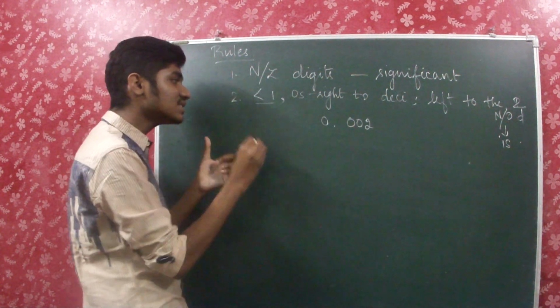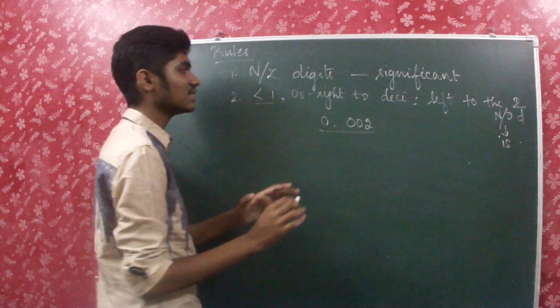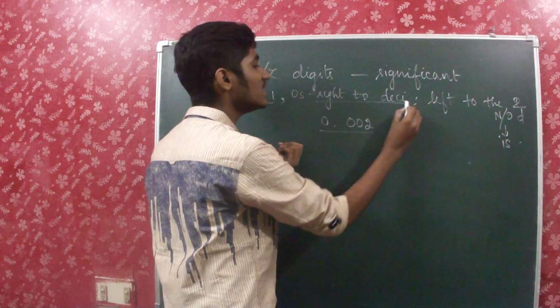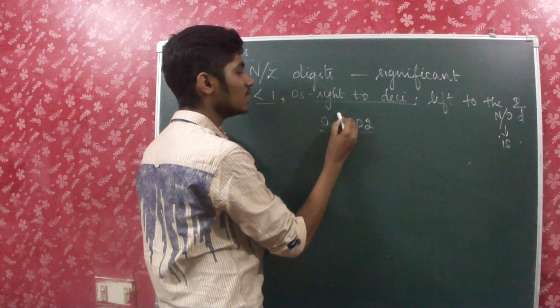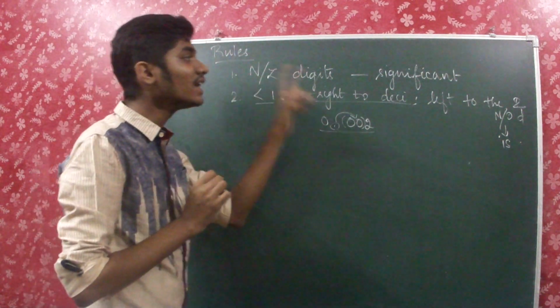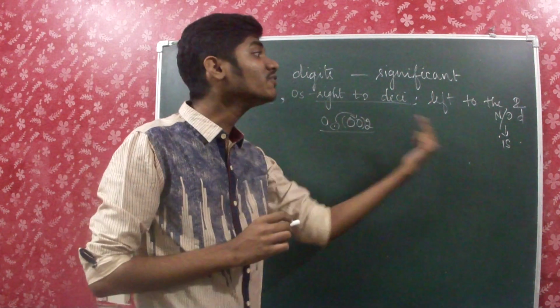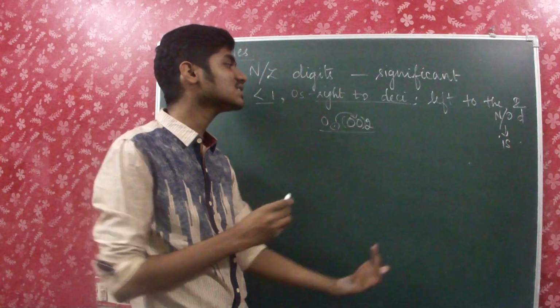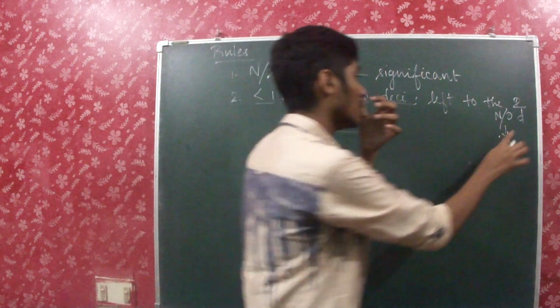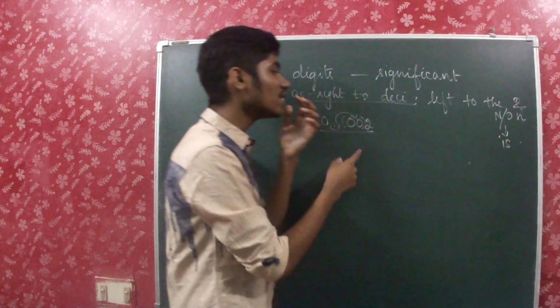So this number is obviously less than 1. The zeros which are present right to the decimal, so this is the decimal point, they are talking about these two zeros. Am I right? So the zeros which are right to the decimal but left to the first non-zero number, which is the non-zero number here? 2.